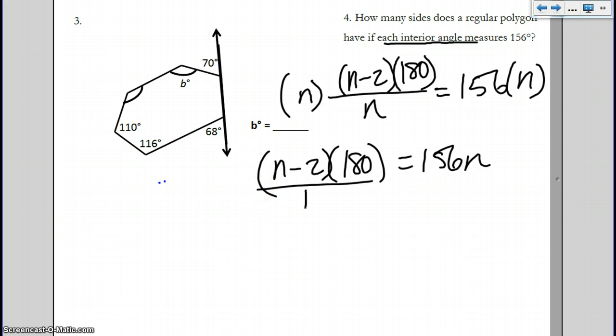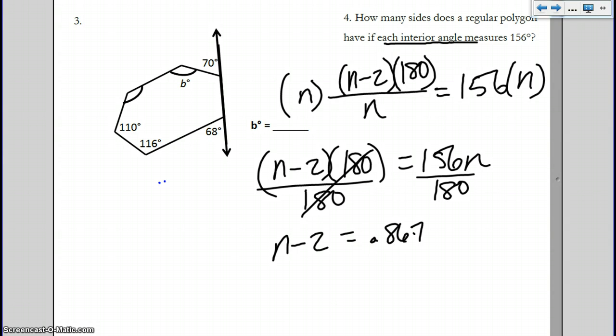I divide both sides by 180. I get that n minus 2 is equal to 156 divided by 180, which is 0.867n. Then I subtract 0.867n from both sides.